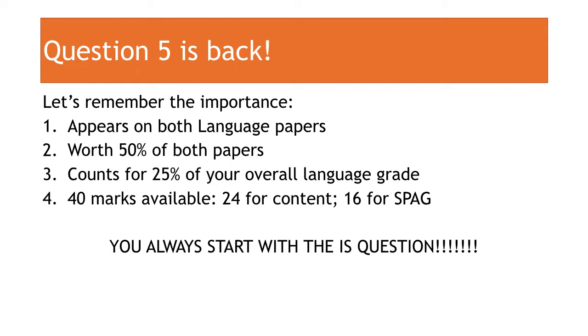Otherwise, you're going to go through 4 reading questions and then have to get to question 5, and then you might find that you're rushing through it and not have the full 45 minutes that you're allowed because you spent X amount of time on the first 4 questions. So if you spend the first 45 minutes of your exam for both papers in language on question 5, this is the best way forward for you to get the most marks available.